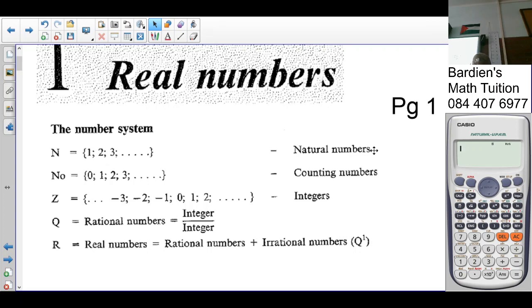Then they also spoke about decimal numbers. They showed you how a fraction, which is a half, can be written as 0.5. So after fractions, they spoke about decimal numbers. And to you, those decimal numbers always stop. Like if you got a quarter, what's a quarter in decimal? 0.25.